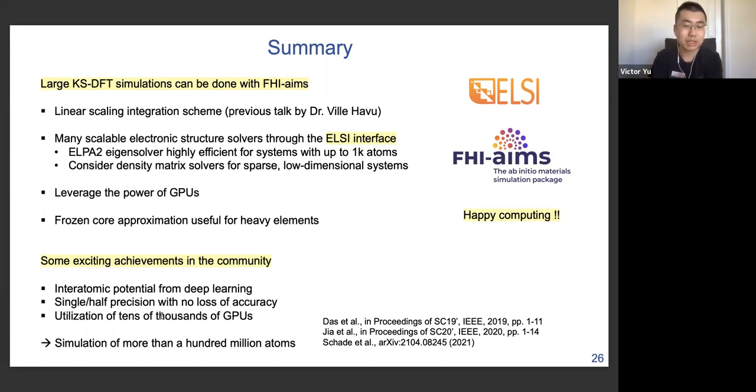So by combining these three approaches together, people have reported ab initio simulations of more than 100 million atoms. Here are some interesting references. I'm not trying to say that these approaches have no problems, but I think they are exciting and promising directions for future research.